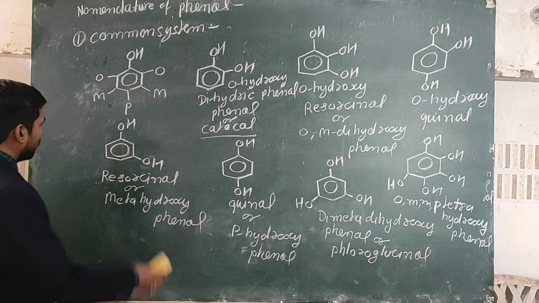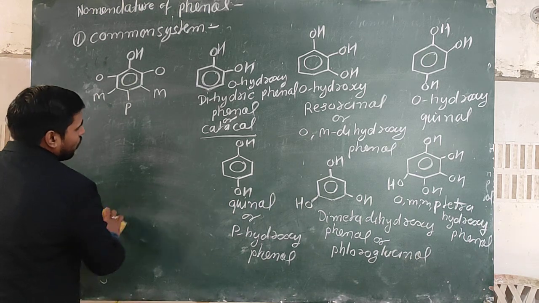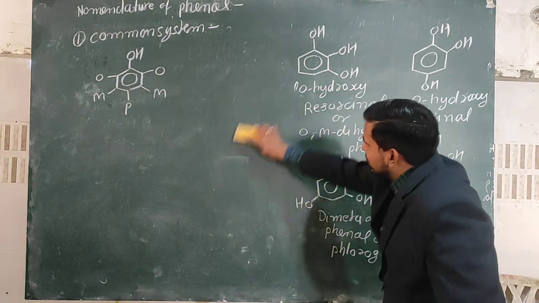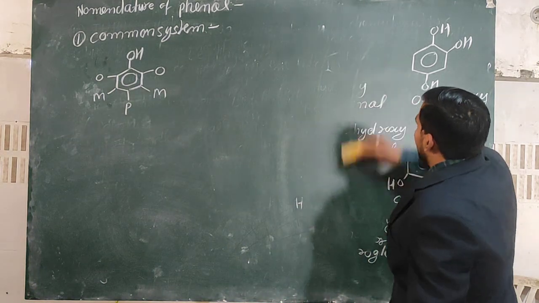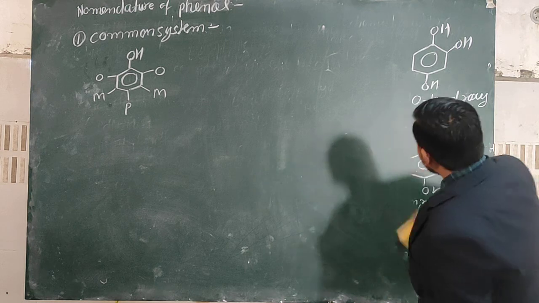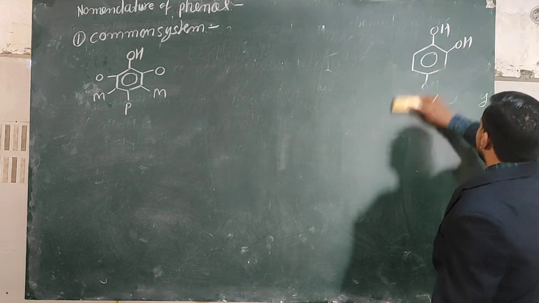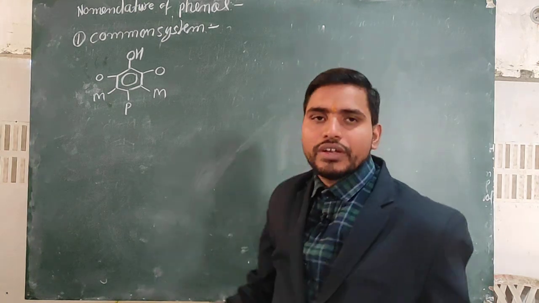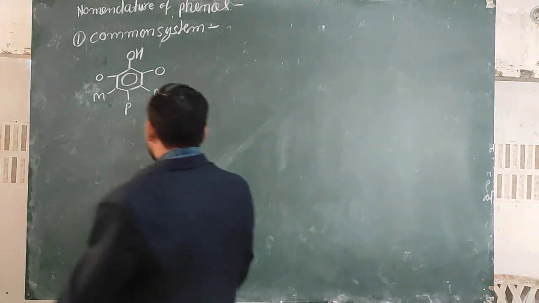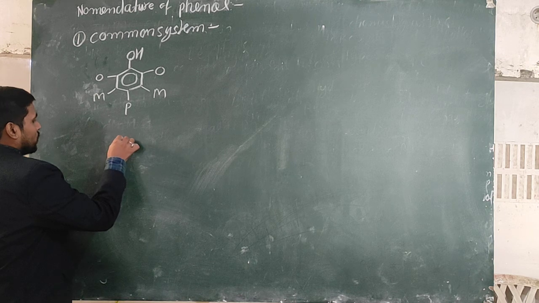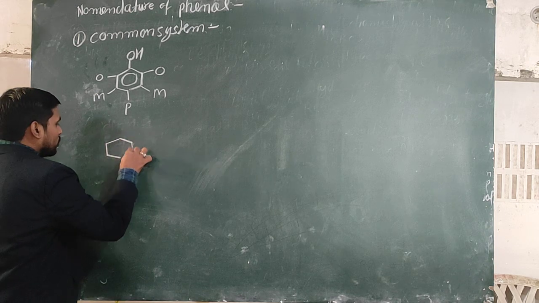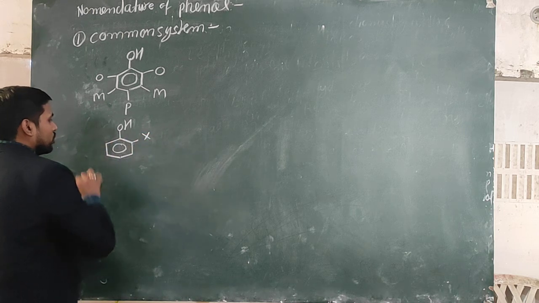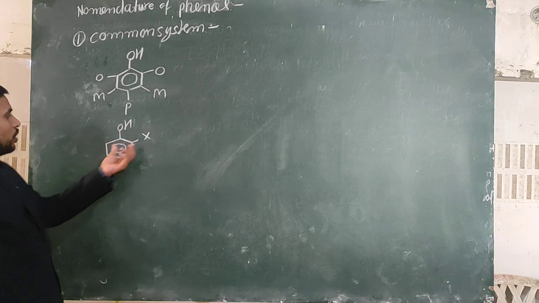Okay, on the basis of this type of nomenclature we can easily understand what is the name of different classes of phenol. Okay, but if any phenol contains different type of side chain or derivative hydrocarbon, then its names are used according to ortho, meta and para position. Okay, for example, if phenol contains halogen, then it is known as orthohalophenol.